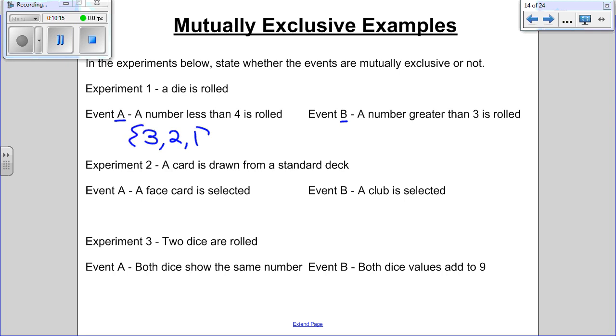Event B, a number greater than 3 is rolled. Write out the things that could fit that. 4, 5, 6. And now it's easy to check if they're mutually exclusive or not. Do they share anything? Do event A and event B have anything in common? Definitely not. So this is mutually exclusive.